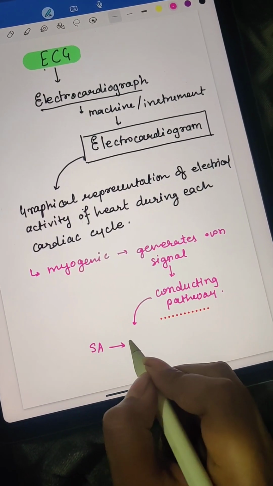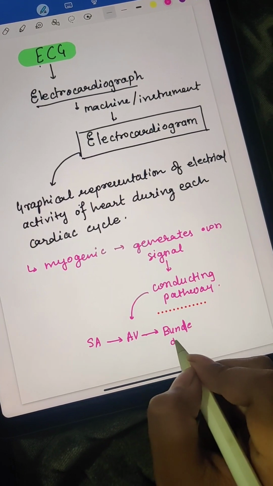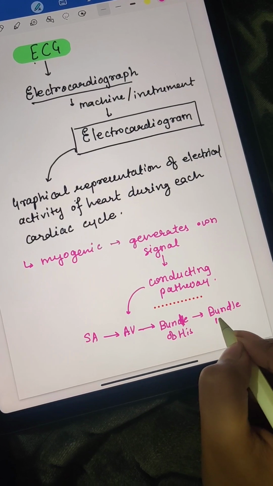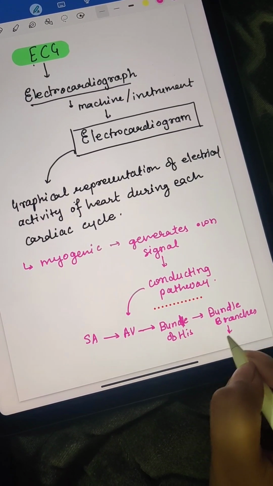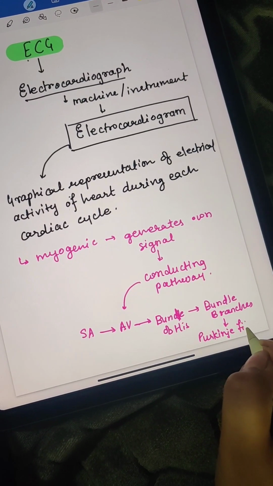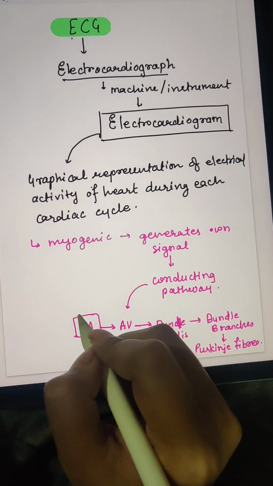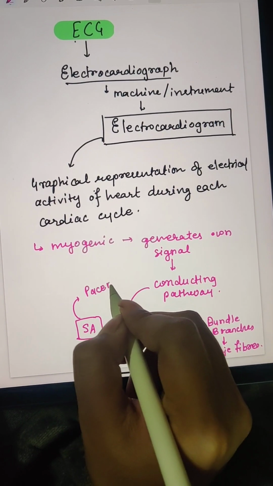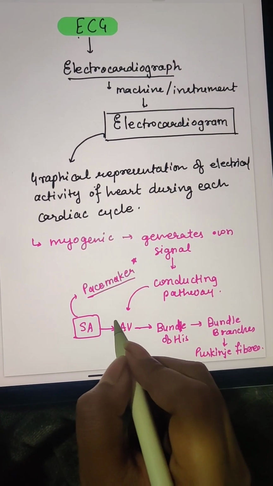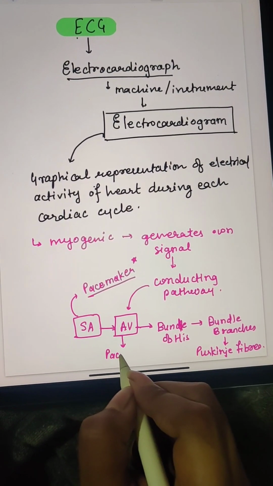There is SA node, then AV node, then bundle of His, then we have bundle branches, and lastly small thread like structures called as Purkinje fibers. SA node generates the signal, that is why it is called as pacemaker. Pacemaker, very important. But this speed or pace is further stabilized or set by AVN, so that is why it is called as pace setter.